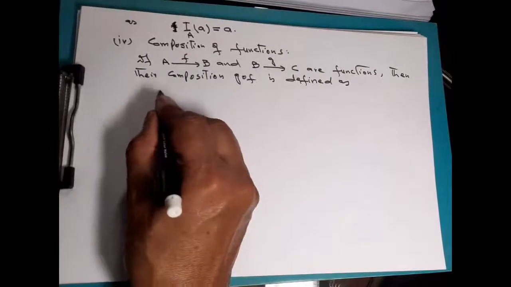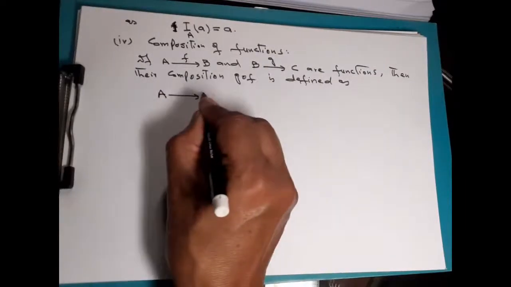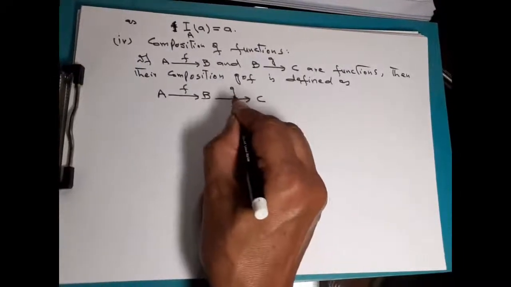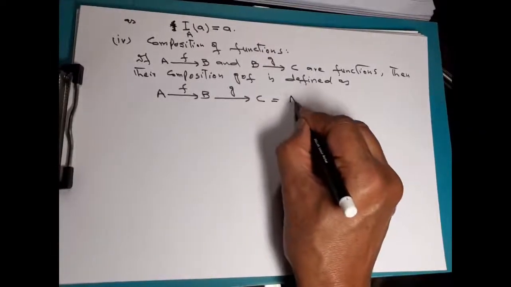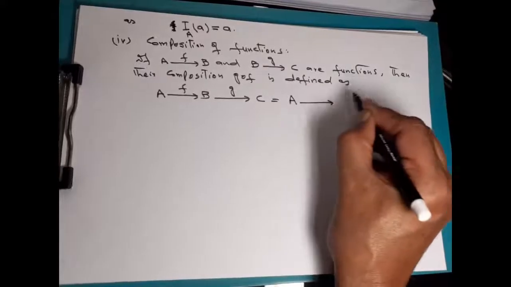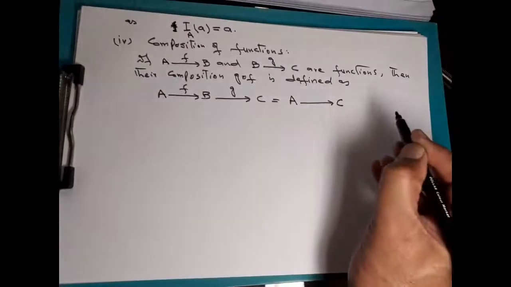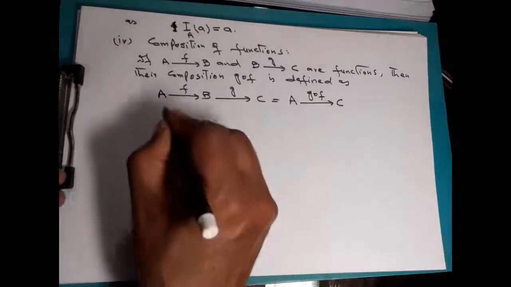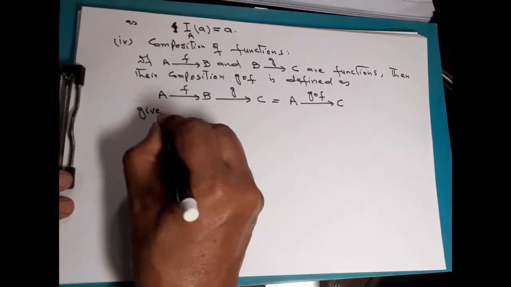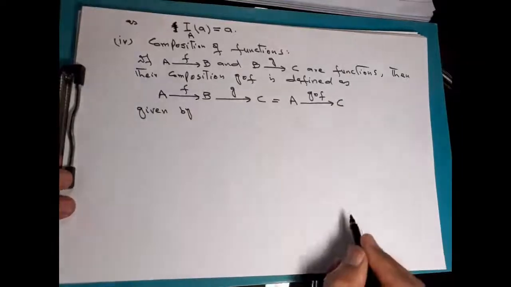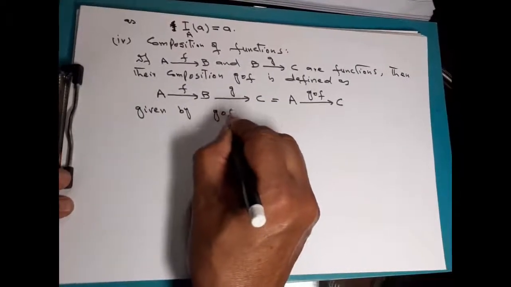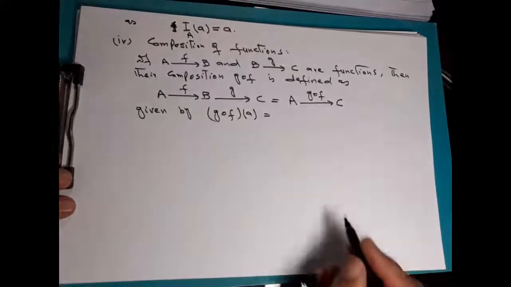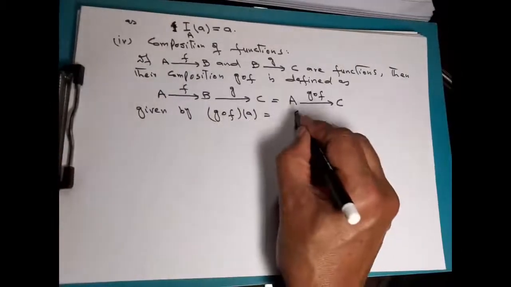we are going to compose these two functions, function f with function g, and their composite function will be a function from A to C with domain A and codomain C, and this is denoted by g circle f, and is given by: the effect of g circle f on any element a of set A will be given by applying function f on a.